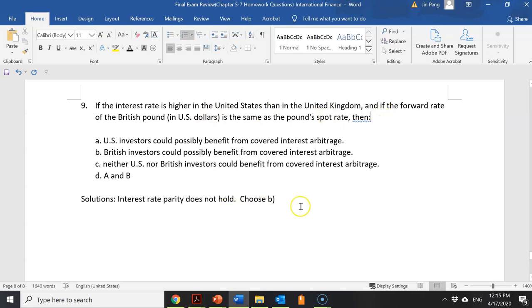Okay, so using covered interest arbitrage, the British investors could earn more by investing in the foreign country, the United States, because the United States has a higher interest rate. Okay, US investors would not benefit from covered interest arbitrage. They would actually earn more if they invest domestically.